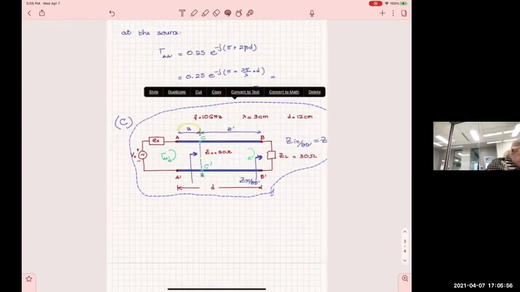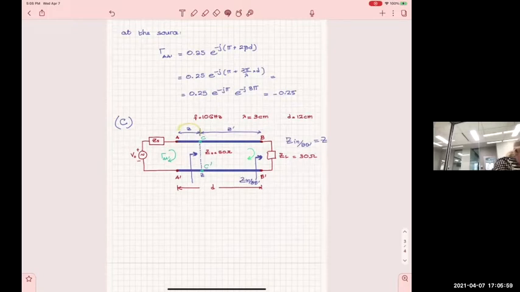Okay, now let me erase some things there. What is it asking me? It's asking me about Z naught, and it's also asking me about the length. I will keep that D. And I will erase the in between, just to make things simpler, since we're on the other end.